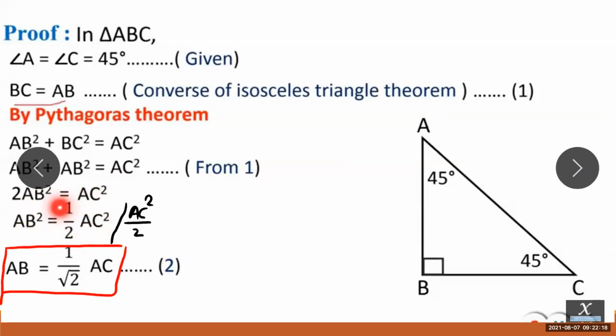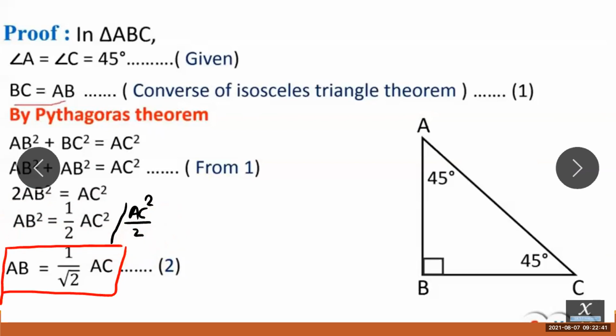As it is multiplied with AB, after changing the side it will divide on the right side. So AB square equal to half of AC square. You can also write AC square, which this 2 will divide. So that will be the same.